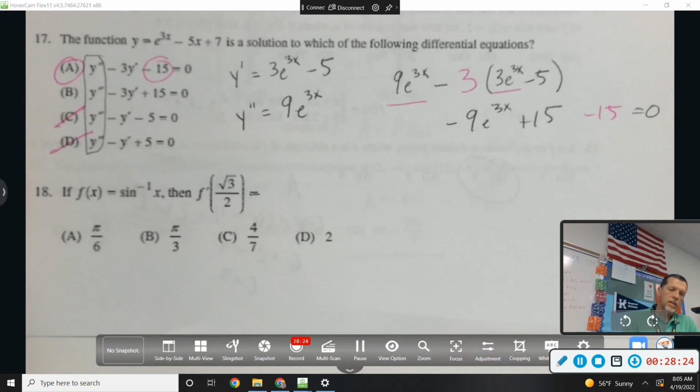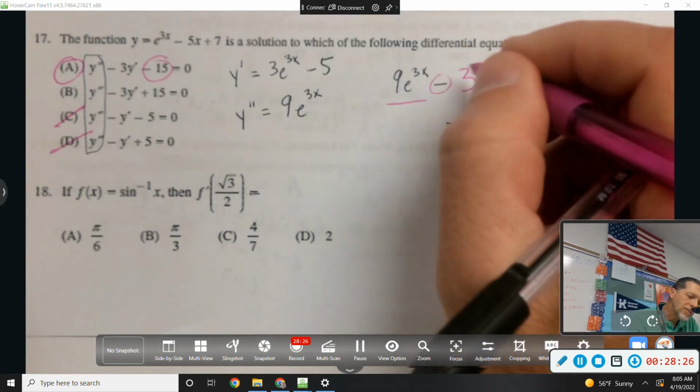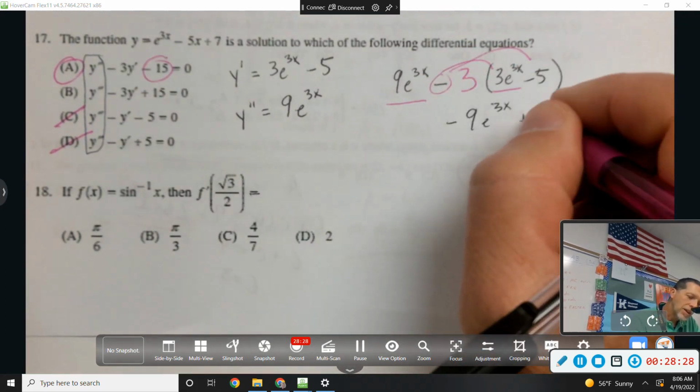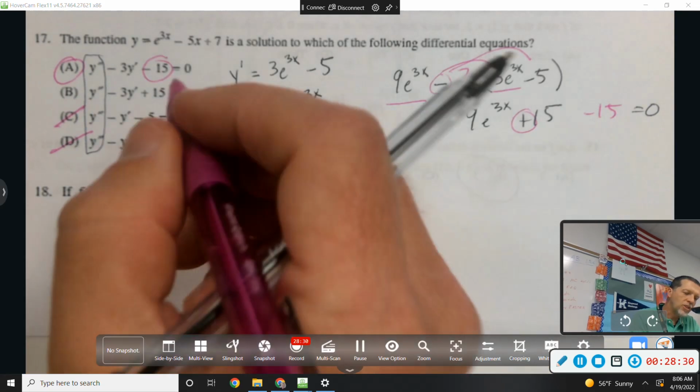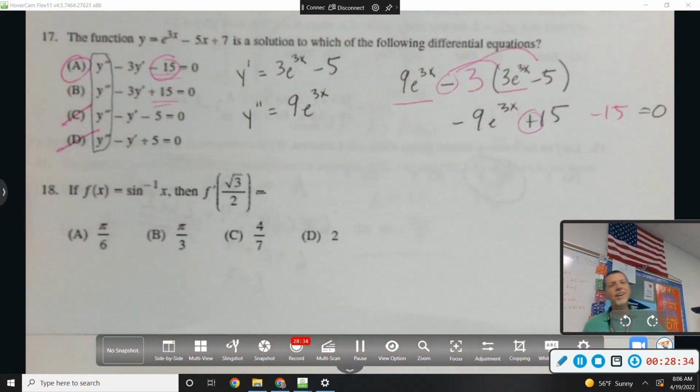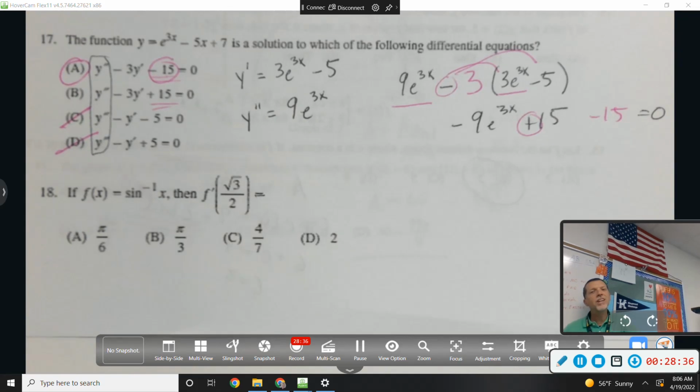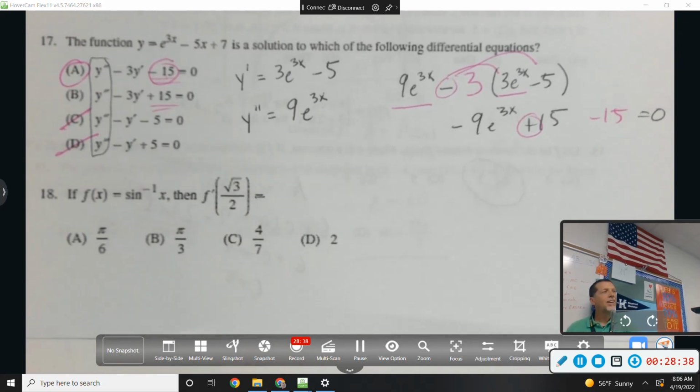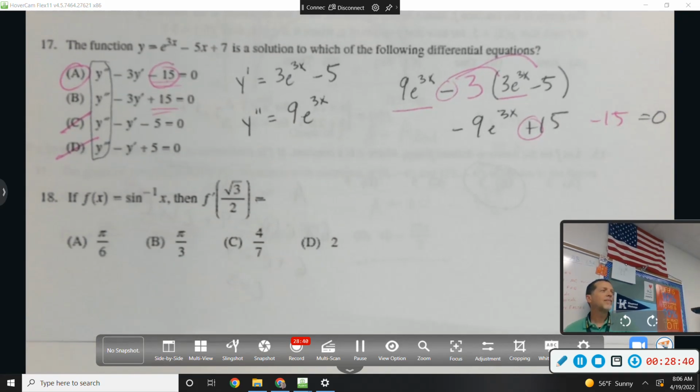And distributing the minus sign to make this plus differentiated between the plus 15 and the minus 15. So yet another problem where you could get all of the calculus right and not distribute a minus sign and miss it. Frustrating.